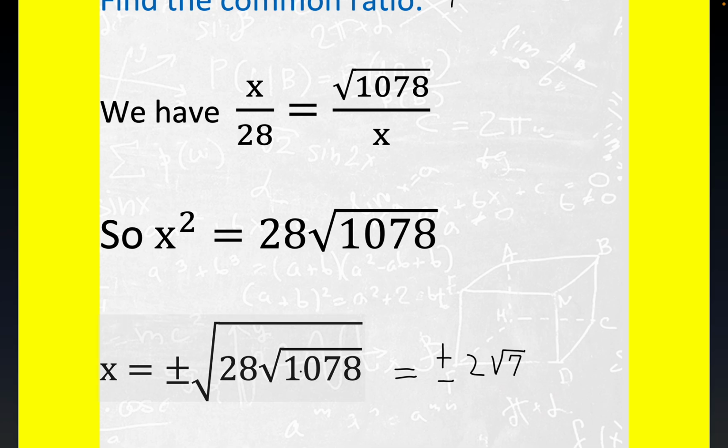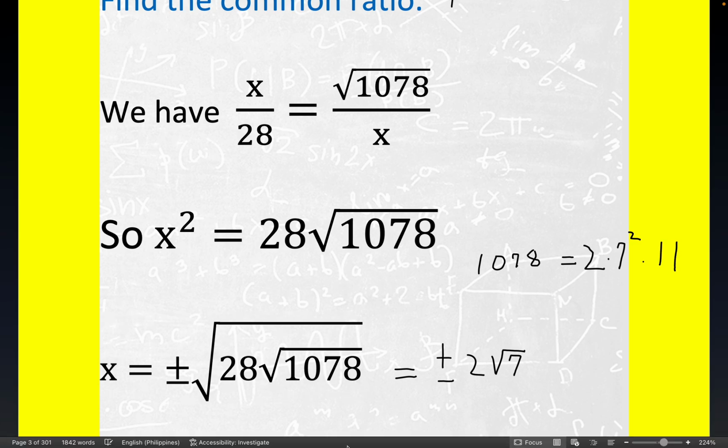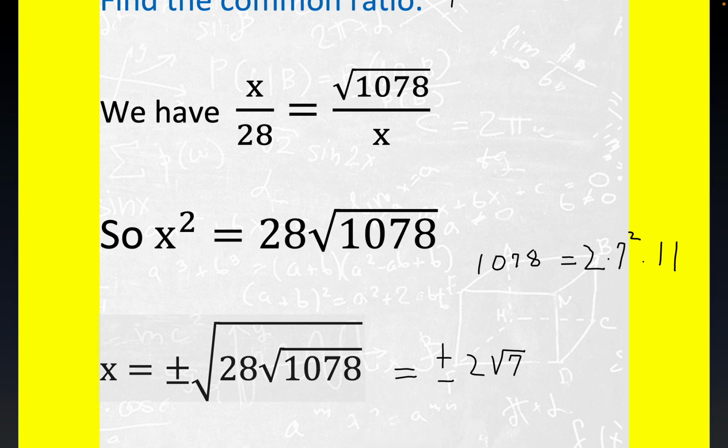Now, this part right here, let's see, what do we got here? 1078, if we do the prime factorization of that, 1078 is equal to 2. And it takes a little bit of time to notice this, times 7 squared times 11. Good, okay?